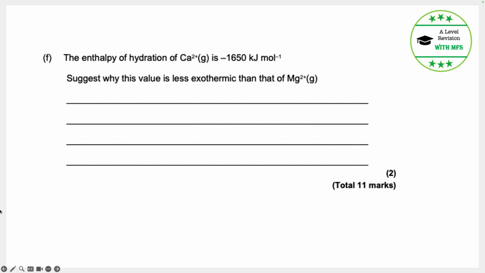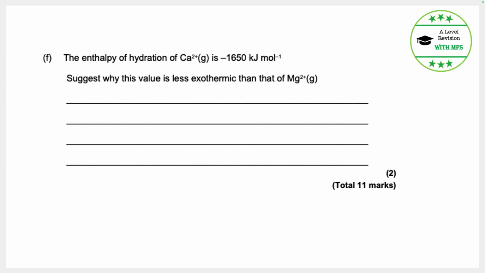Yeah, so the enthalpy of hydration of calcium ions, Ca2 plus gas, is minus 1650 kilojoules per mole. Suggest why this value is less exothermic than that of magnesium 2 plus ions. Now if we look at the periodic table, we will see a trend. Both calcium and magnesium are from group 2 of the periodic table.